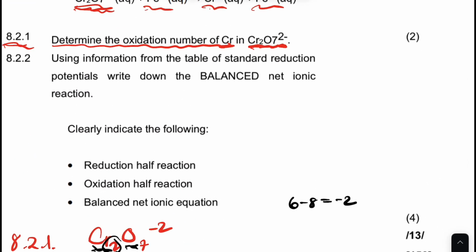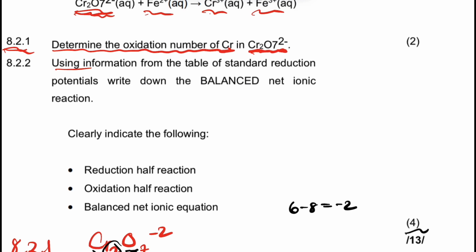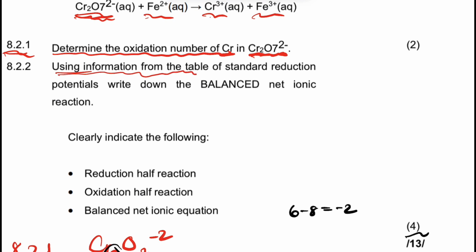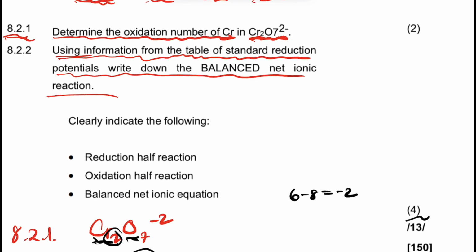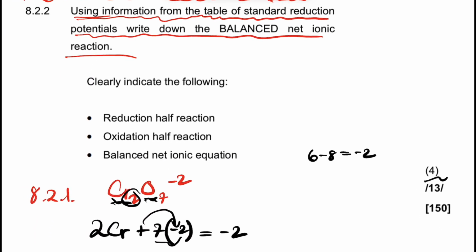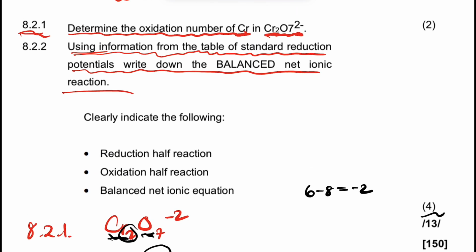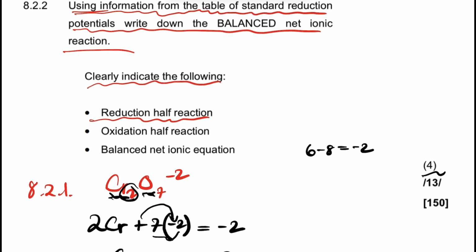Now the last question, which is 4 marks, says use the information on the standard reduction potential table to write the balanced equation. Guys, I'm not going to use the table, I'm just going to do it without the table. Now it says clearly indicate the following: the reduction half cell.